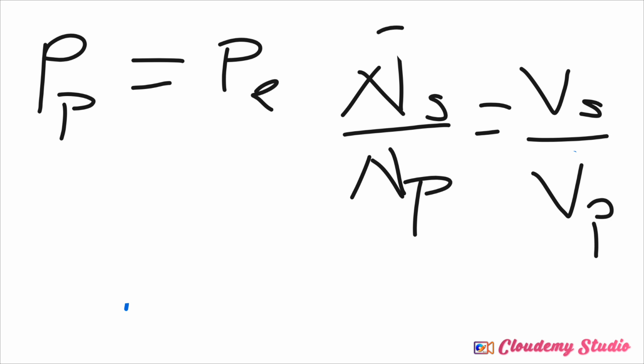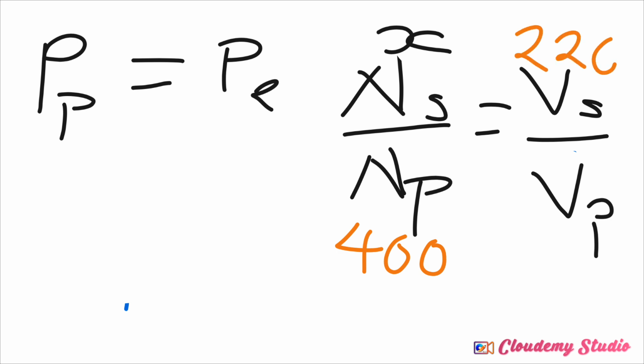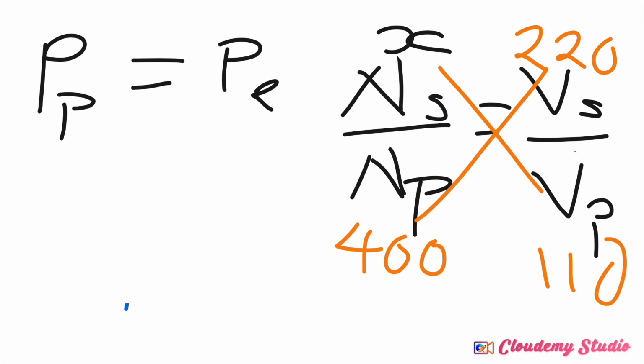The number of turns in the primary we've been given in the question to be 400. The voltage in the secondary we have already seen to be 220, and the voltage in the primary is 110. So here we are going to cross multiply like this.